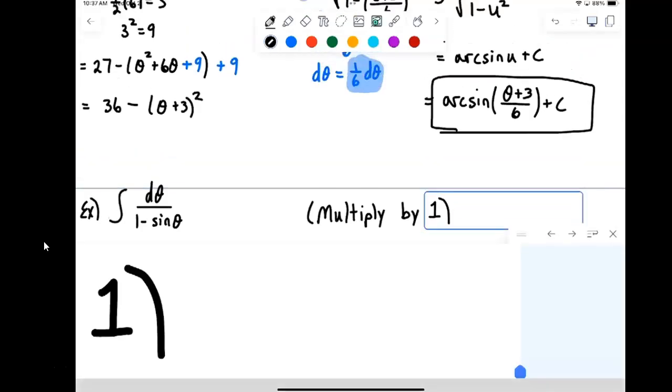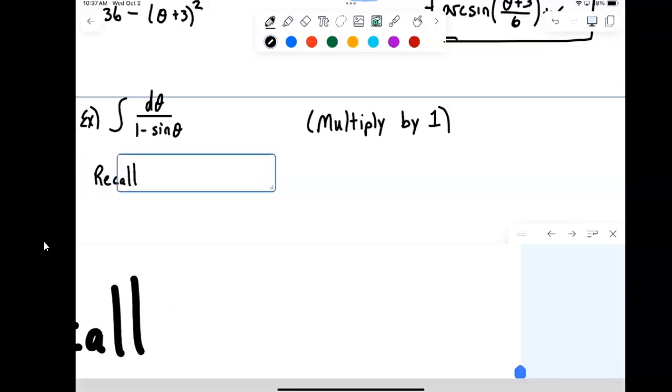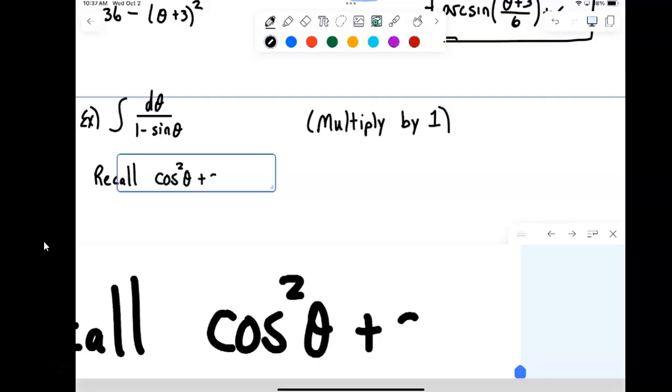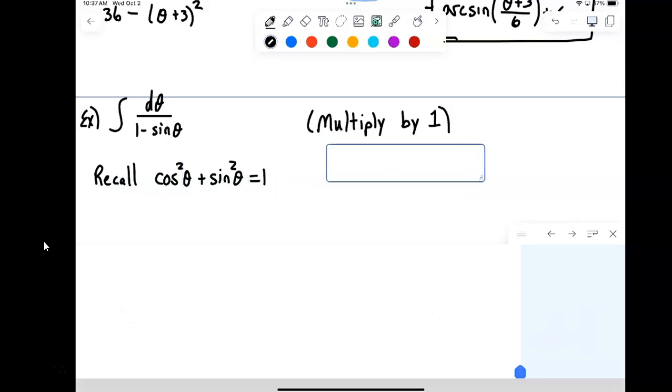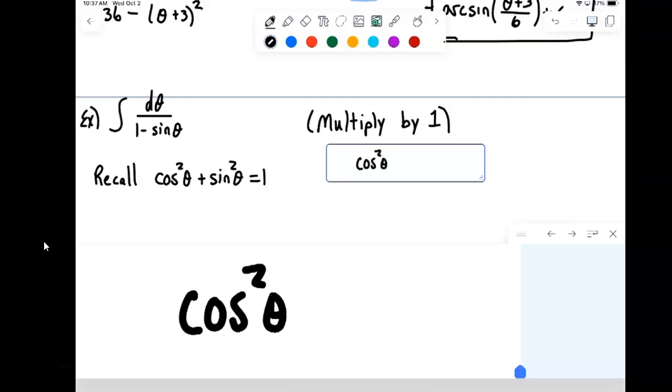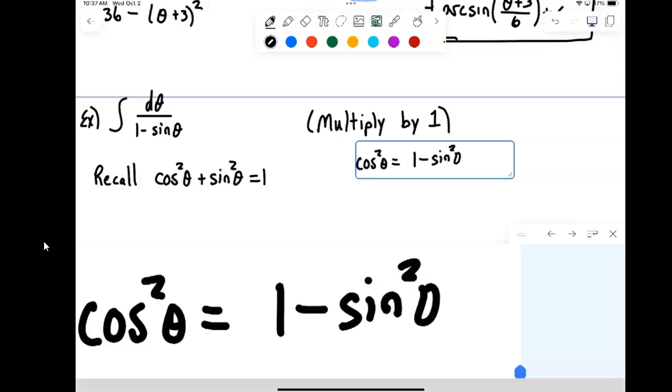Well, the key idea is this. We recall our trig identity, the big one: cosine squared theta plus sine squared theta is equal to 1. And what that means is that if you solve for cosine squared, you'd have cosine squared theta is equal to 1 minus sine squared theta.